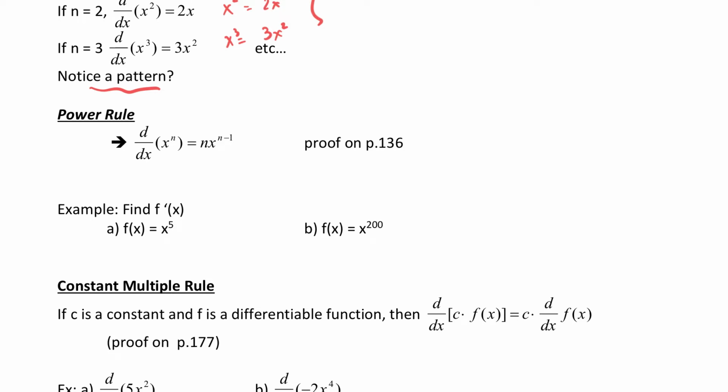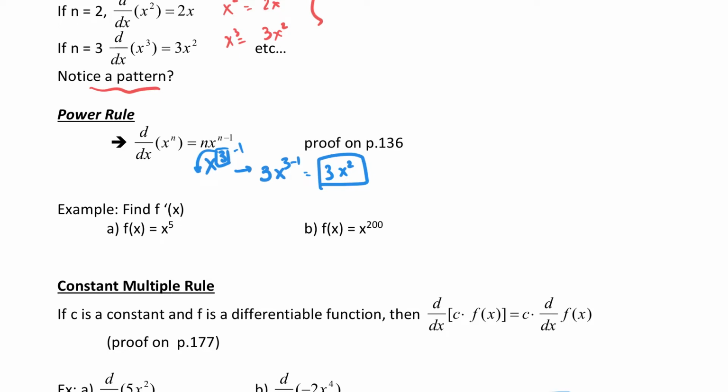So in other words, if this was x to the third, I am taking this 3, bringing it out in front, and then subtracting 1 from the 3 up here. So the 3 comes out in front, and then I have the x, and now it's going to be 3 minus 1, so this will be 3x squared. So that is how we work with the power rule.